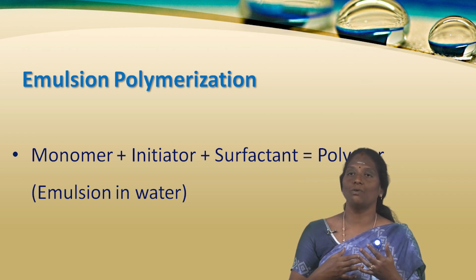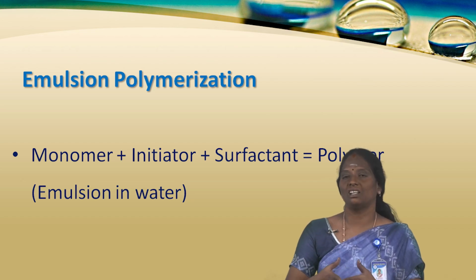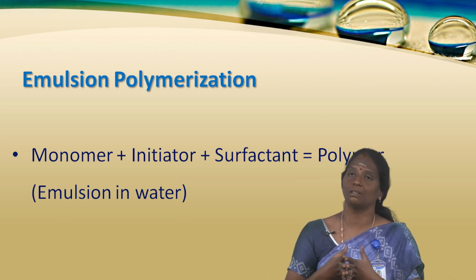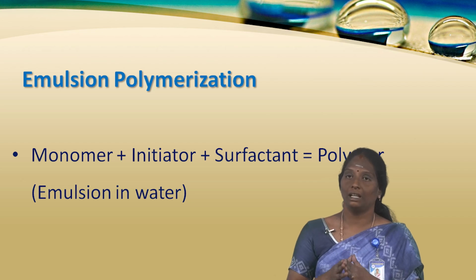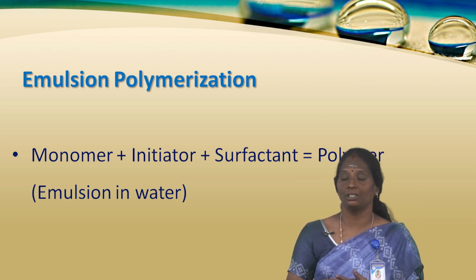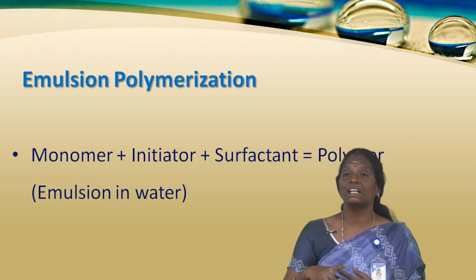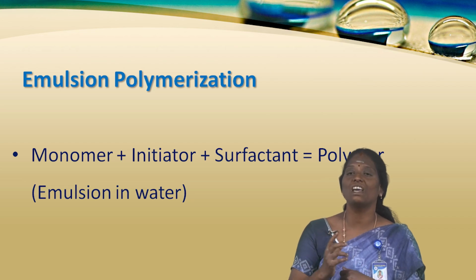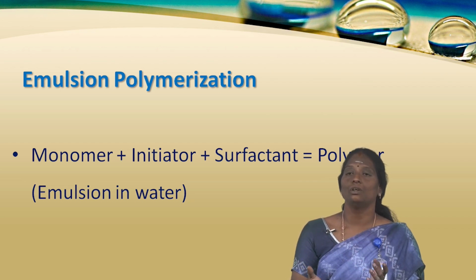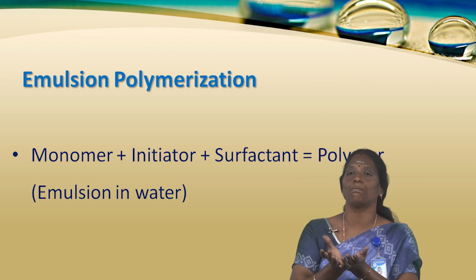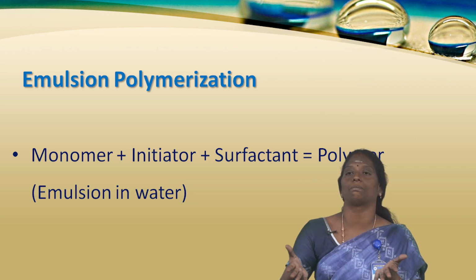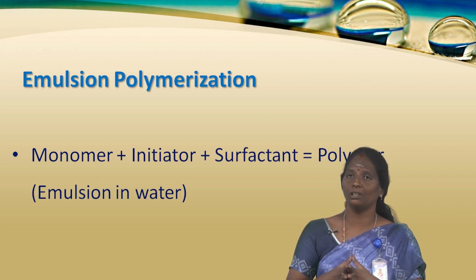So, we have to remove the added emulsifier and de-emulsifier, which is a very difficult process by this method. Next, a very important disadvantage: it requires rapid agitation. That means vigorous agitation is needed, so we have to use that type of shaker for this purpose. These are the disadvantages of emulsion polymerization.